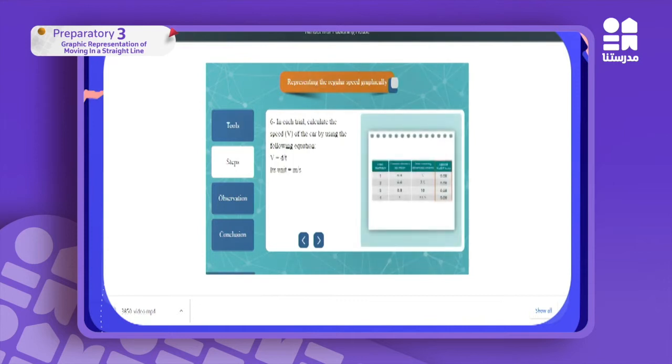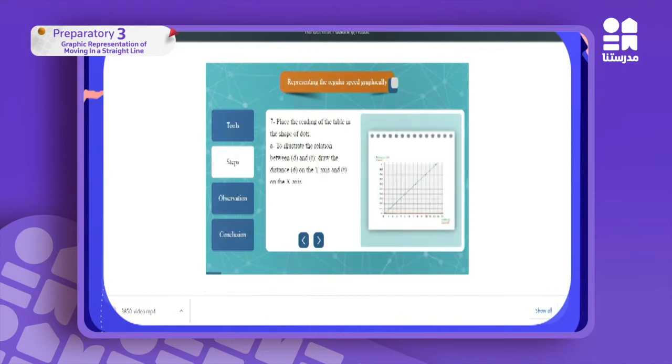In each trial, calculate the speed of the car by using the following equation. Afterwards, place the readings of the table in a dots format. To illustrate the relation between distance and time, you can draw a graph of the measured quantities as follows.